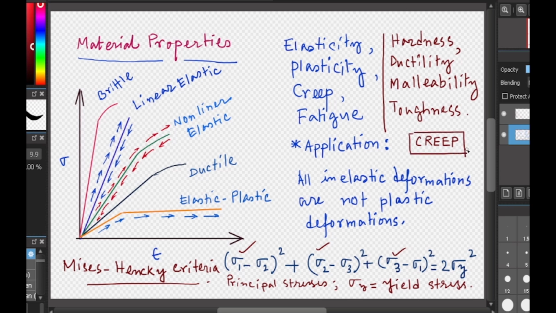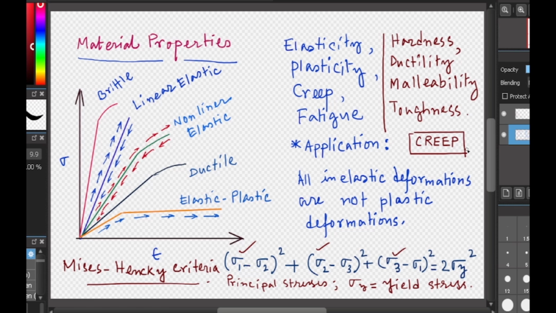You will be studying in detail the practical application examples, goods and bads of creep when we discuss kinematics and theory of machines as well as solid mechanics in the later half.